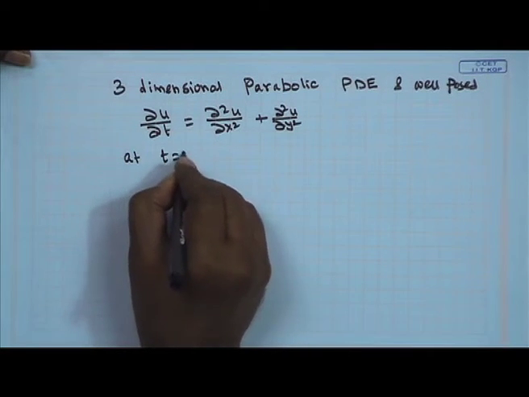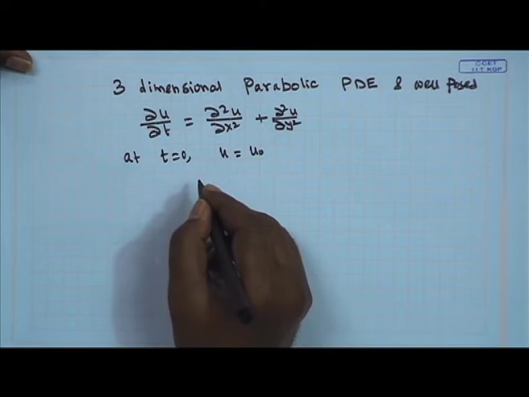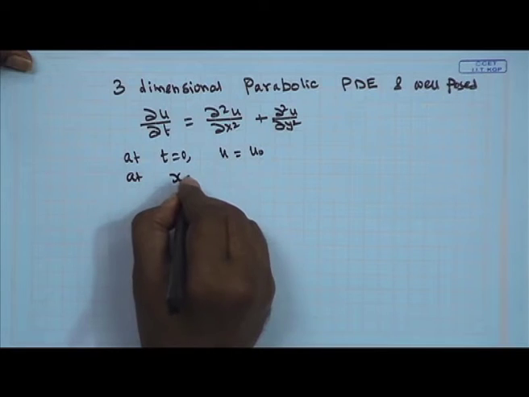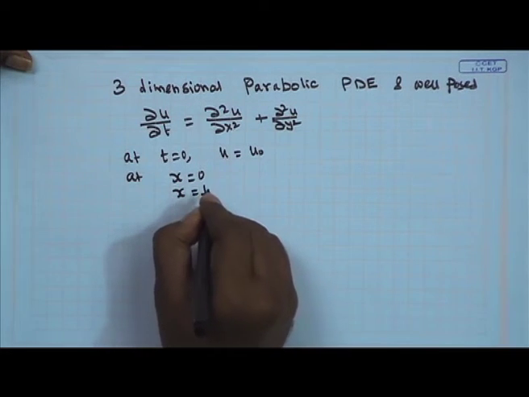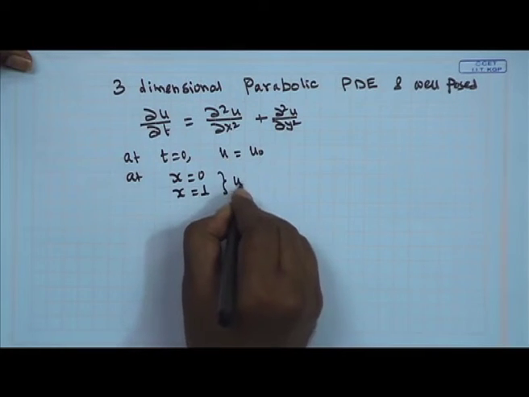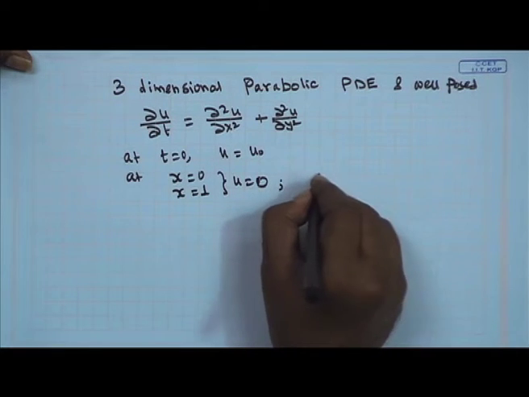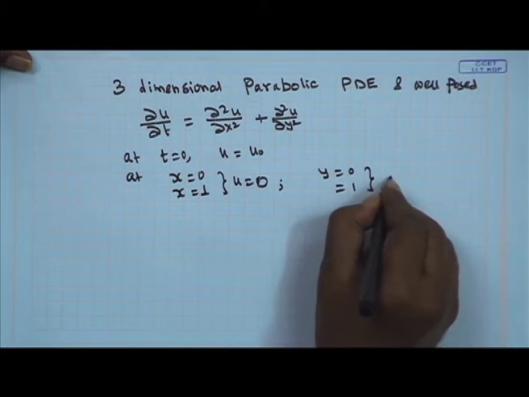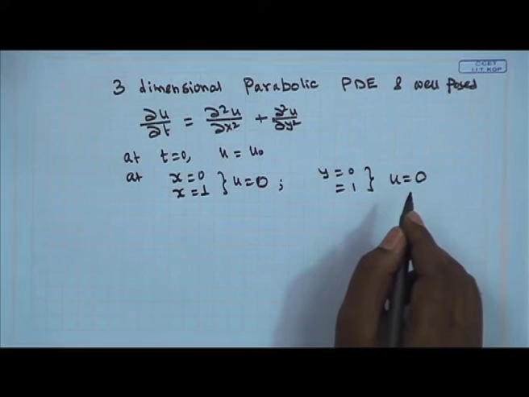At t is equal to 0, we have u is equal to u naught, and at all 4 boundaries, located at x is equal to 0 and x is equal to 1, we have u is equal to 0. All boundary conditions are Dirichlet and they are homogeneous; at y is equal to 0 and y is equal to 1, u is equal to 0. Okay. So, this is a well posed problem.